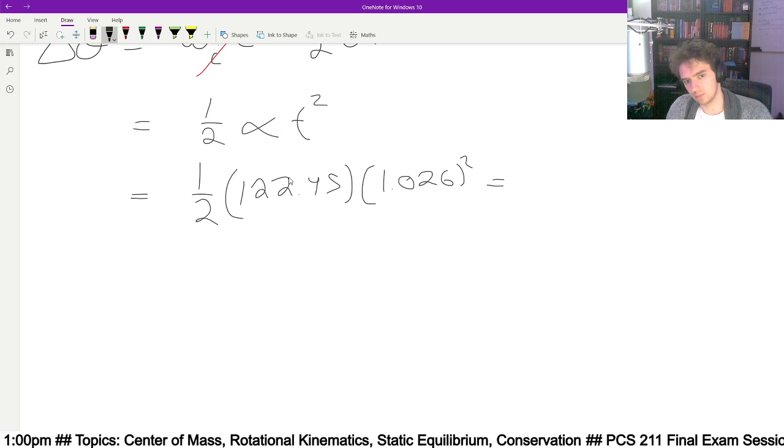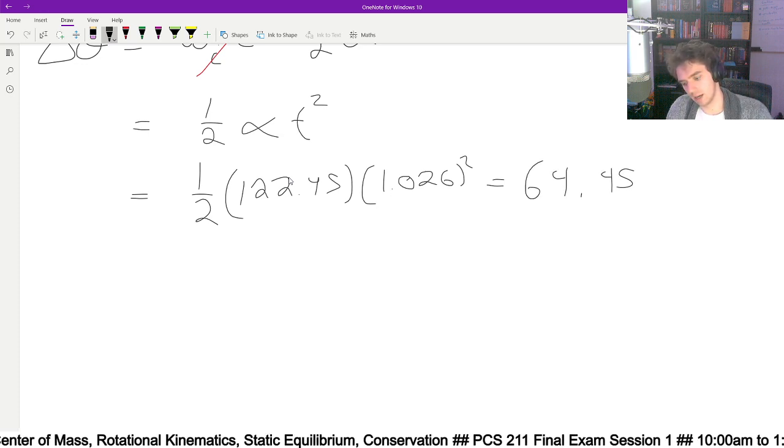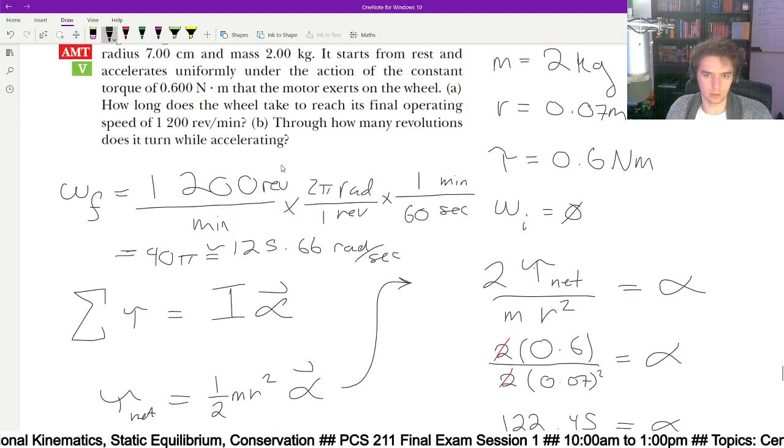That will be in radians, so that's 64.45 radians.